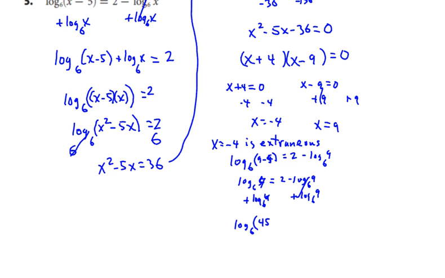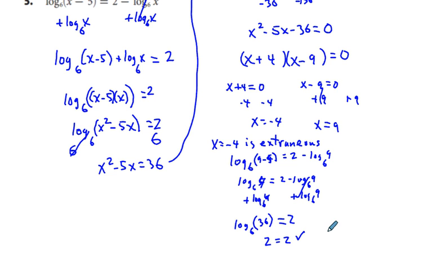So we have 4 times 9. What that's going to be is log base 6 of 36 equals 2. So on the left side, 6 to the power of what equals 36? We have 2 is equal to 2.